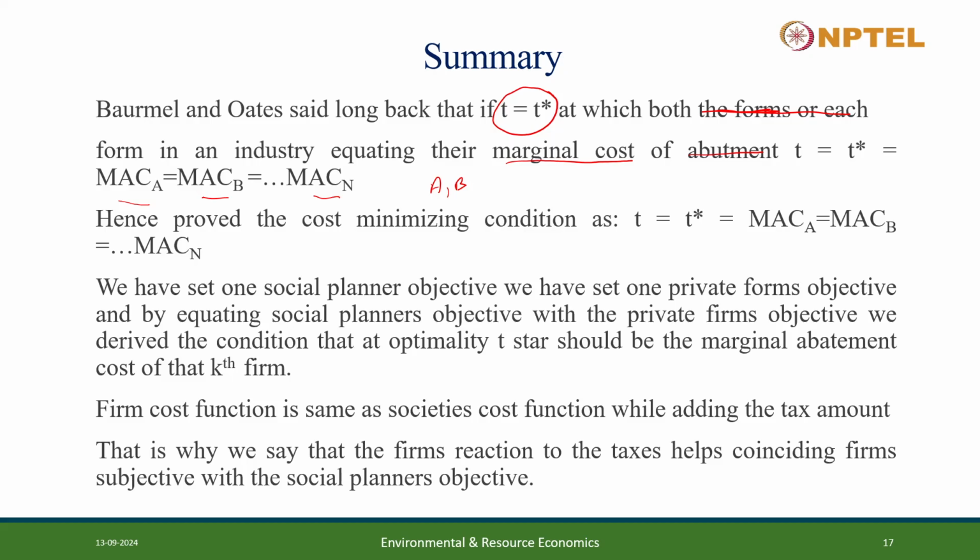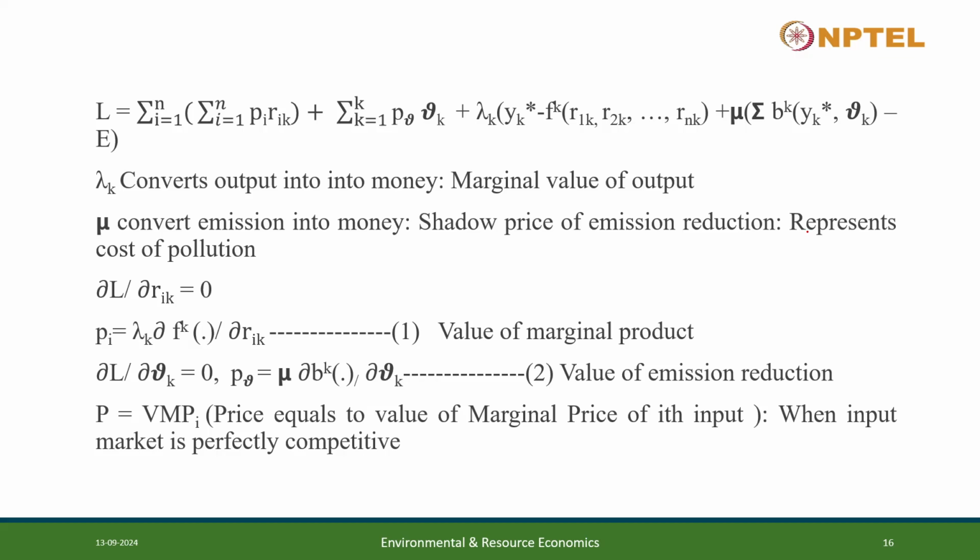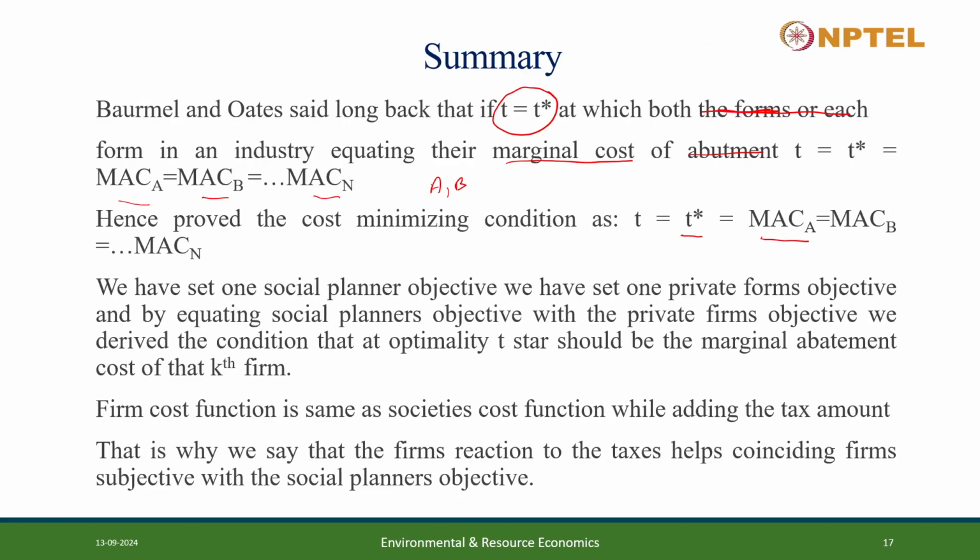So all the firms will try to equate the tax amount with the marginal abatement cost curve. So we have proven that the optimum level of tax is equal to marginal abatement cost.